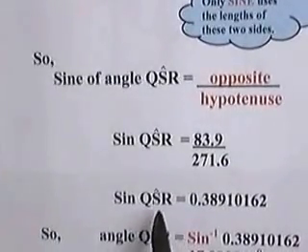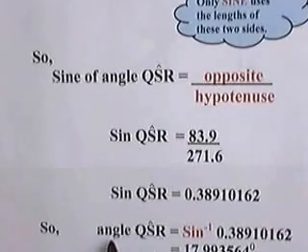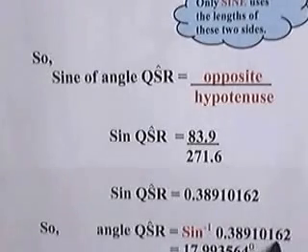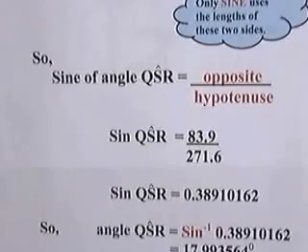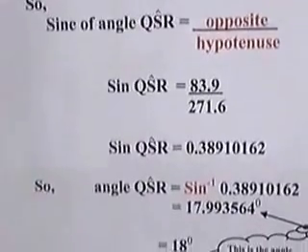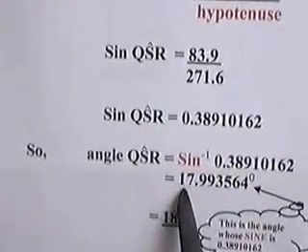So we have to use the inverse sine button, and there it is. We say now that the angle QSR, that was the angle at the corner S, is the inverse sine of that long decimal, and you get this angle here, which you can round up to the nearest degree as 18 degrees there.